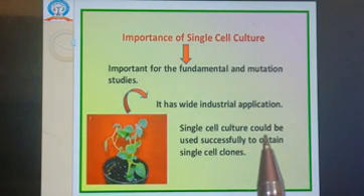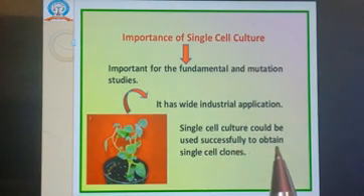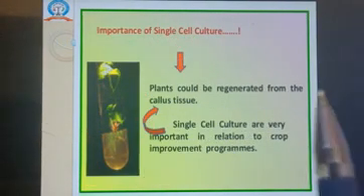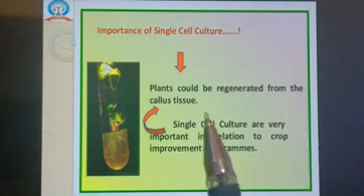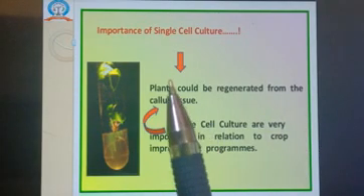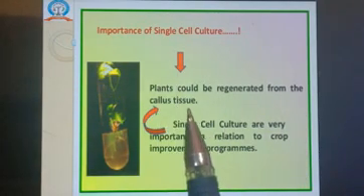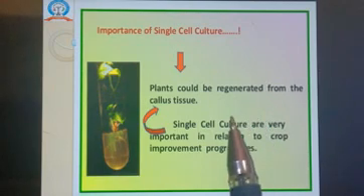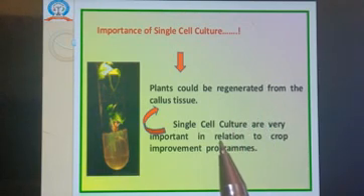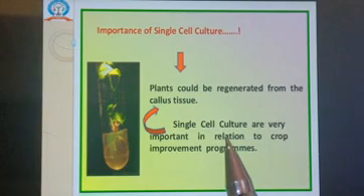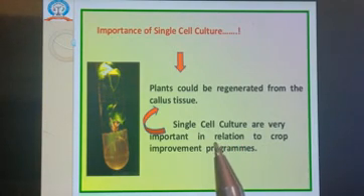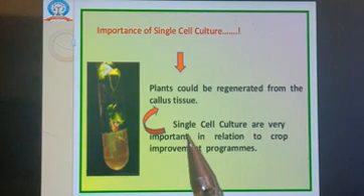Single cell culture could be used successfully to obtain a single cell clone. Plants could be regenerated from the callus tissue. The single cell is inoculated inside the media, this single cell divides and produces a callus, and this callus produces a pure plant, those you want for mutation or a genetically engineered cell.